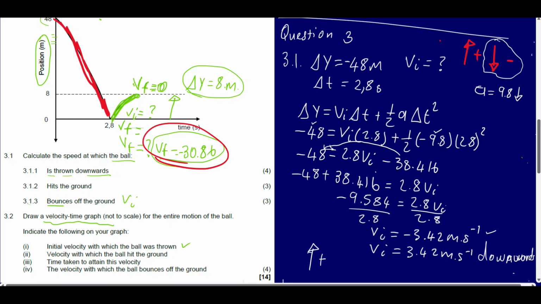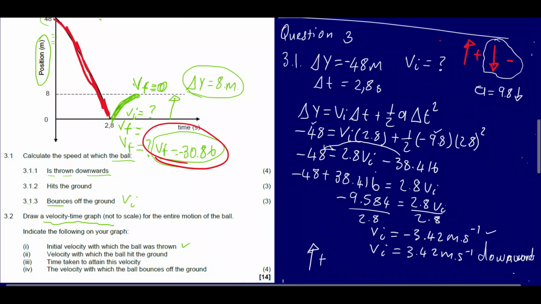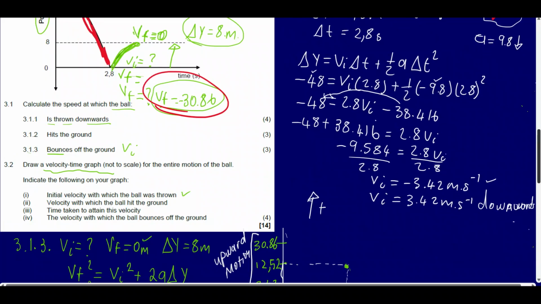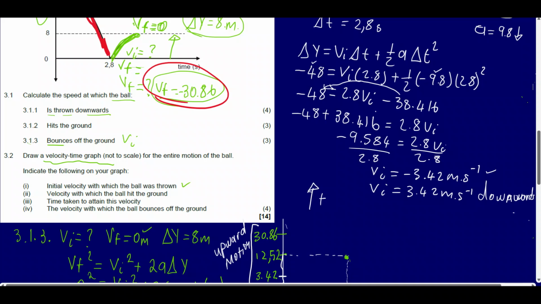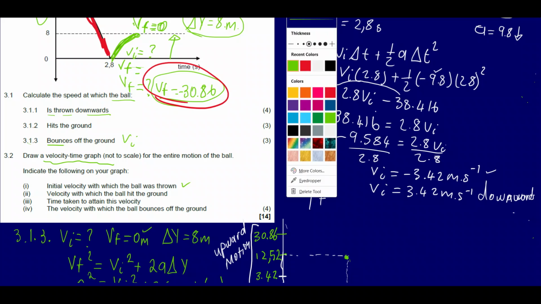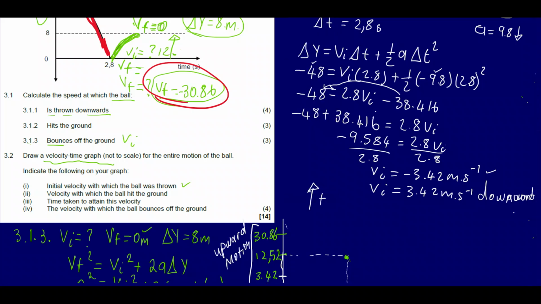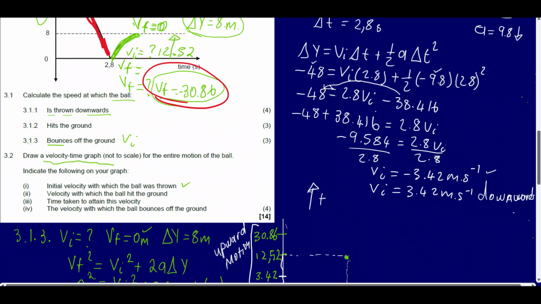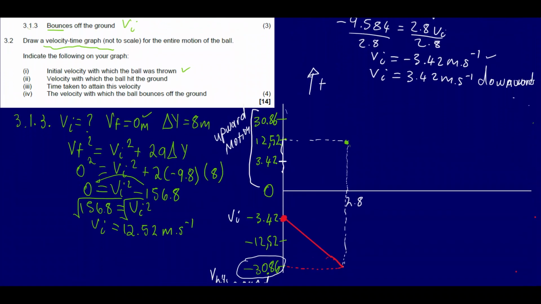So it means that here it's until it reaches the maximum height, where the velocity is 0. So you can see that the ball leaves the ground with 12.52. It decreases its velocity until it reaches 0, right?